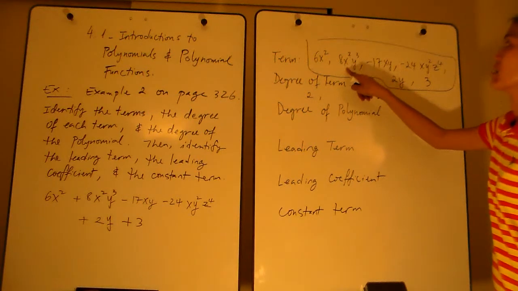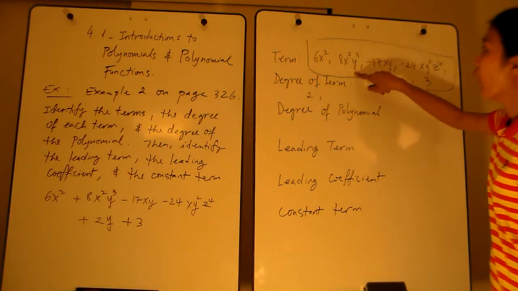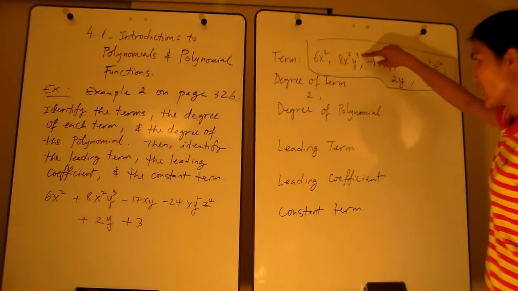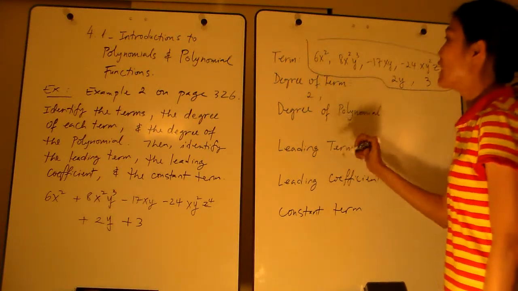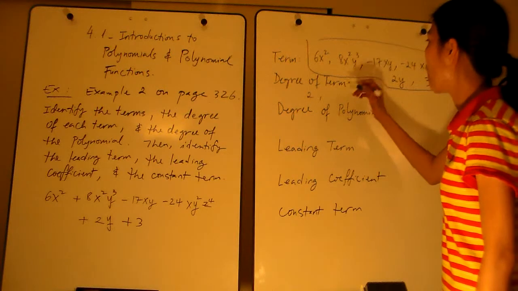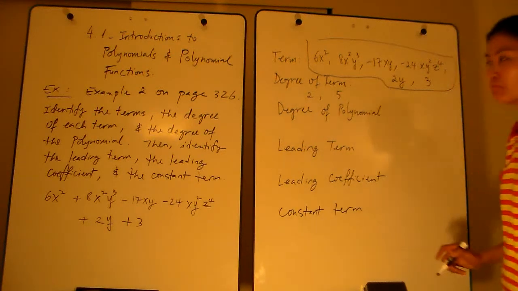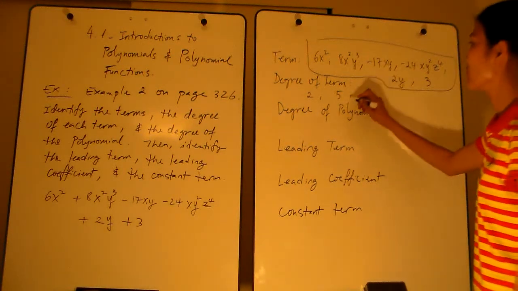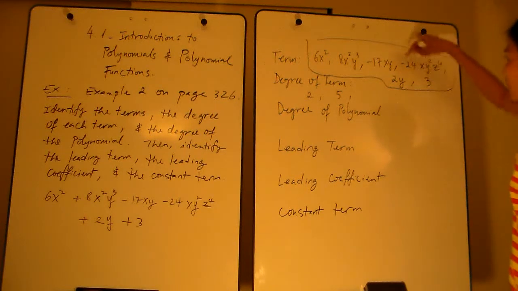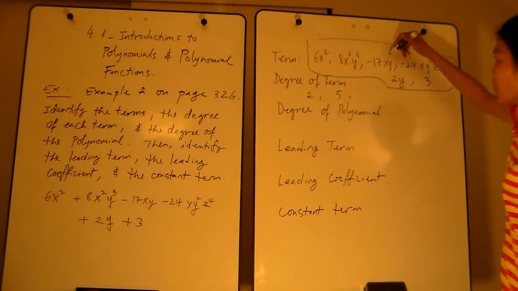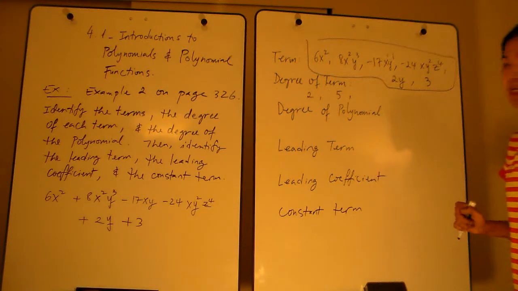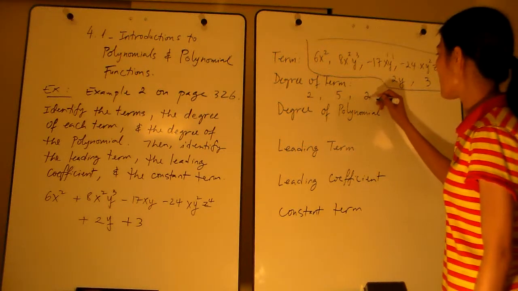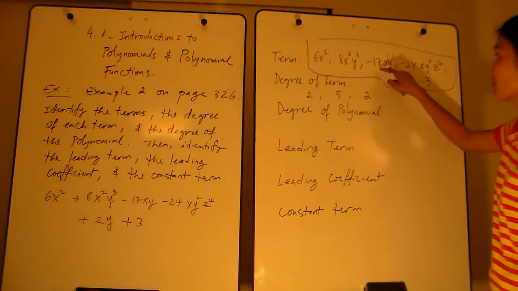The x variable has exponent 2, the y variable has exponent 3. So 2 plus 3 is 5, and the degree of the second term is 5. How about the third term? x has exponent 1, y has exponent 1. So 1 plus 1 is 2.